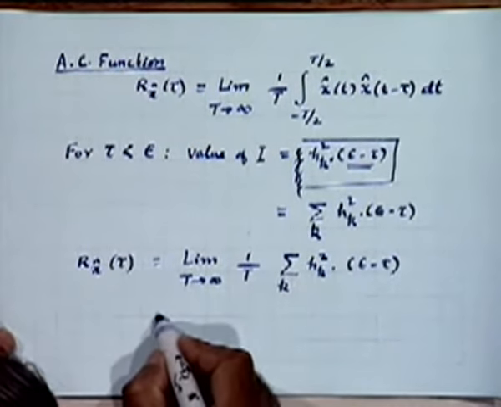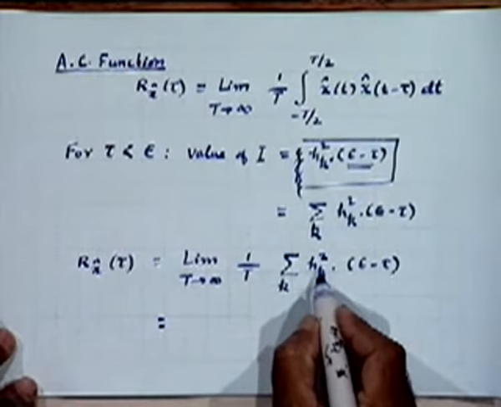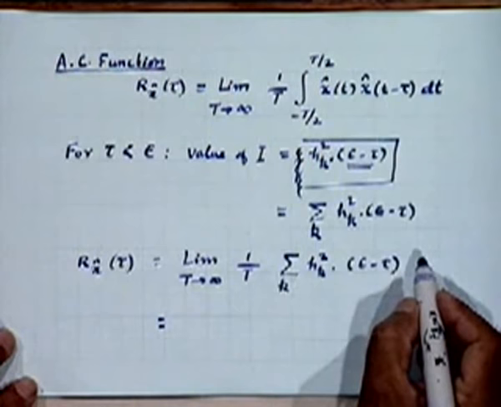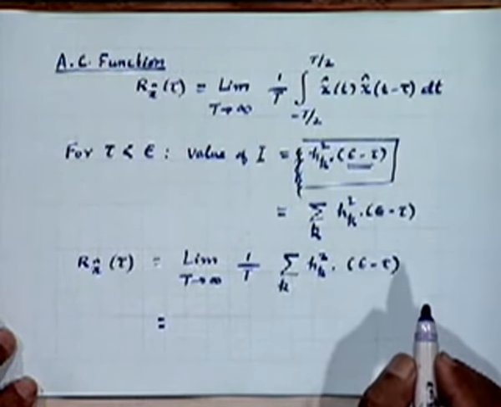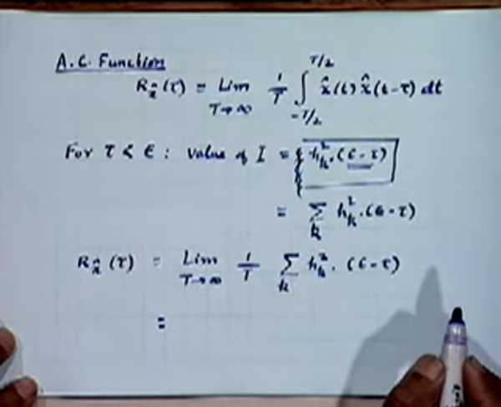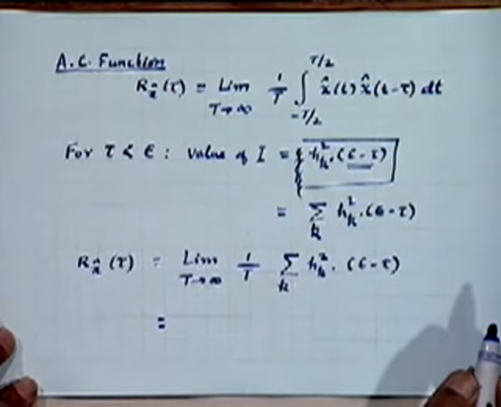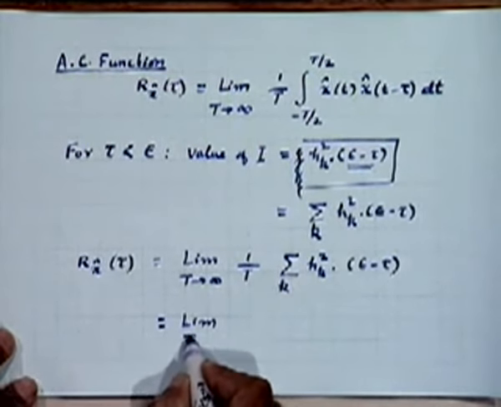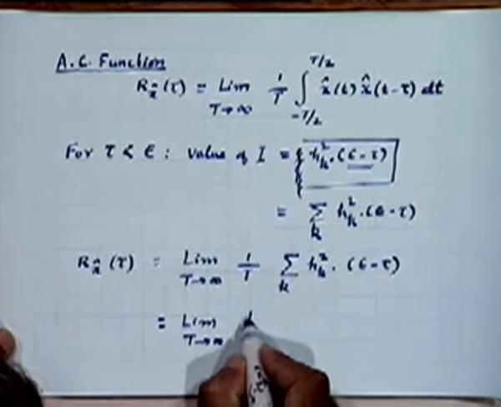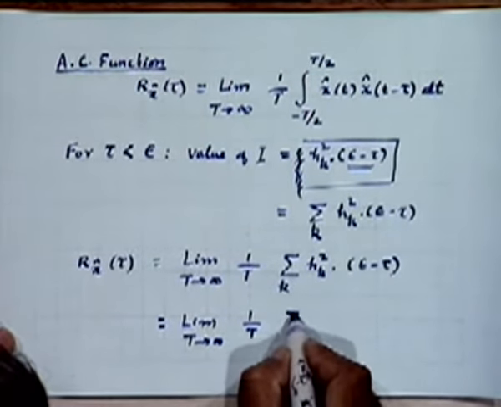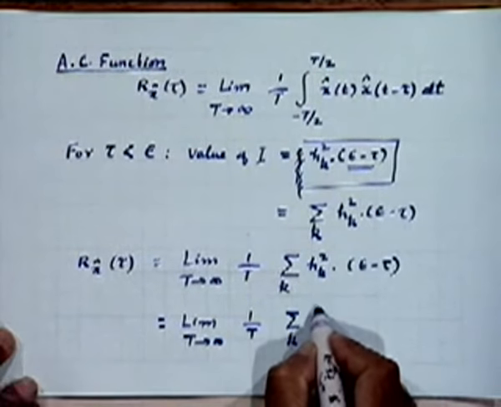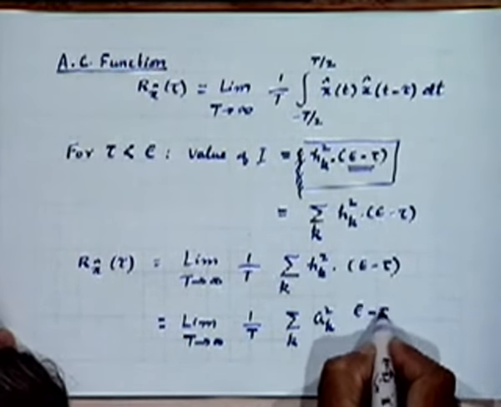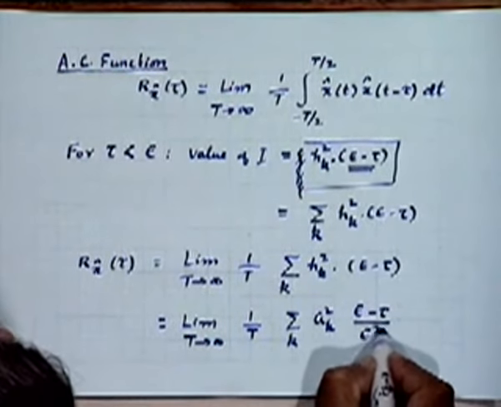Further, I note that hk is ak upon epsilon, because hk was selected to be such that hk epsilon is equal to a sub k, right? So let us substitute for that, and we'll get ak square into epsilon minus tau upon epsilon square.